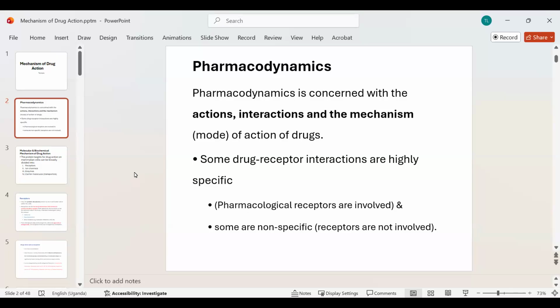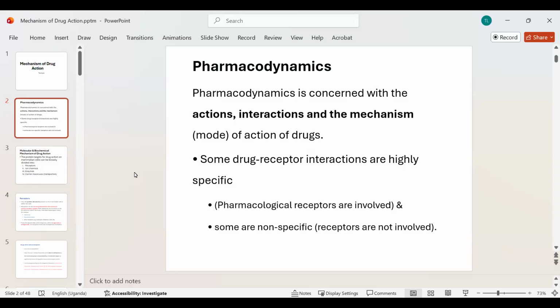They can do quite a number of other interactions which are not even receptors.